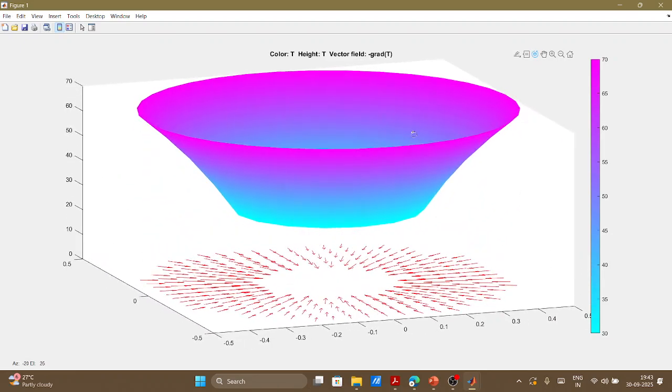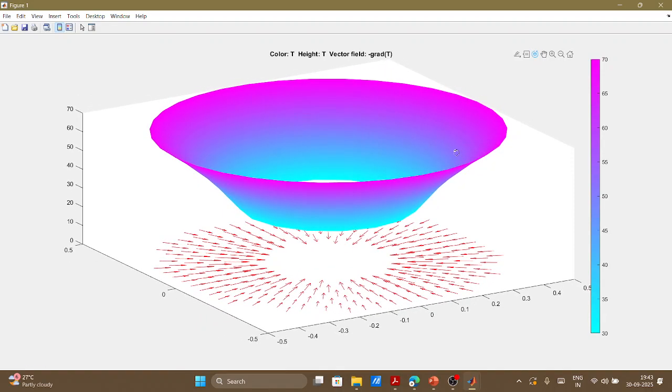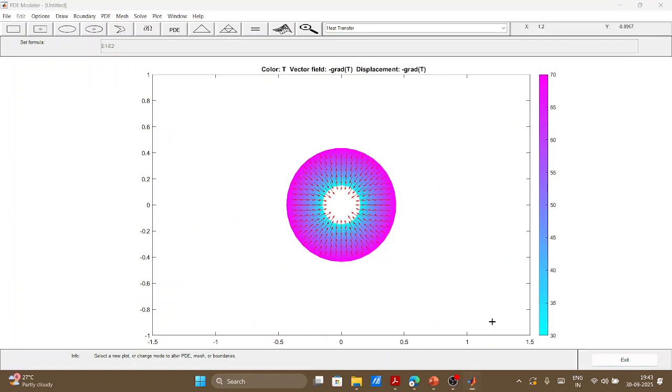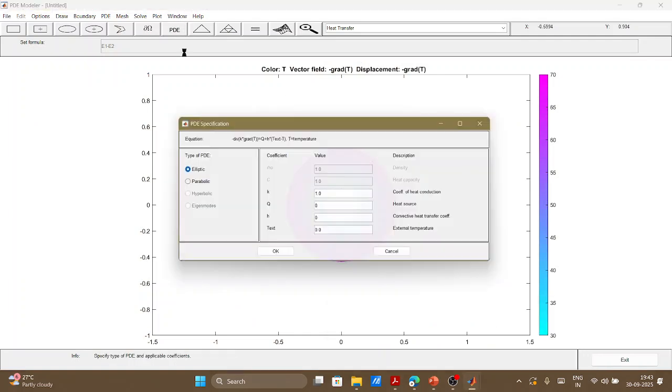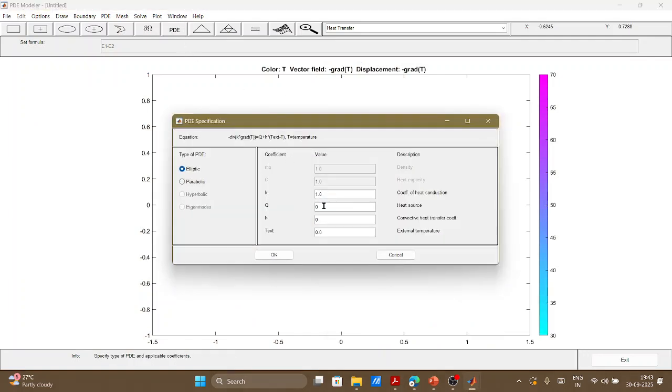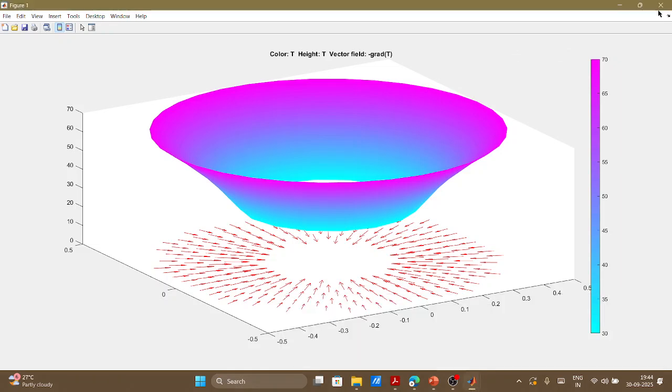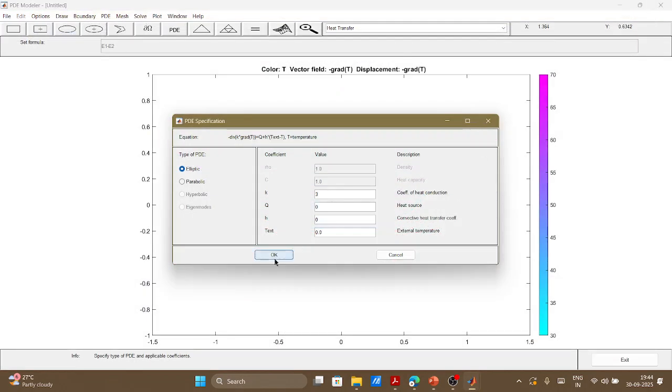Now the rate at which this heat will be transferred will depend on your alpha value, right? So here in this case, the k value I had kept as 1. So let's say if I keep it as 3, okay, in that case what will happen, right? I think the gradient will go down. Let's see.